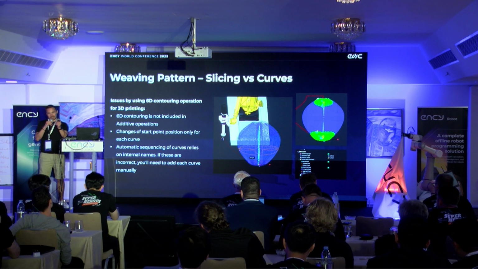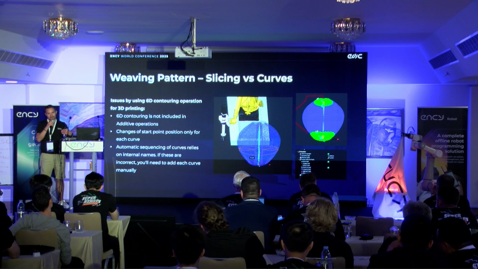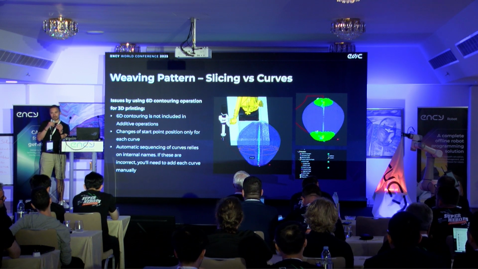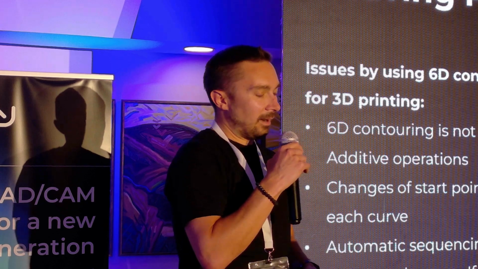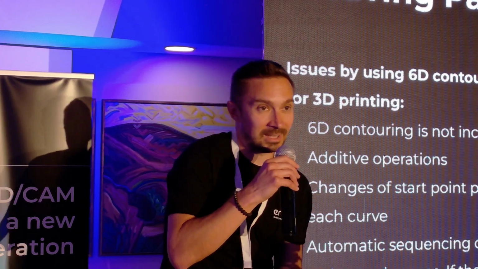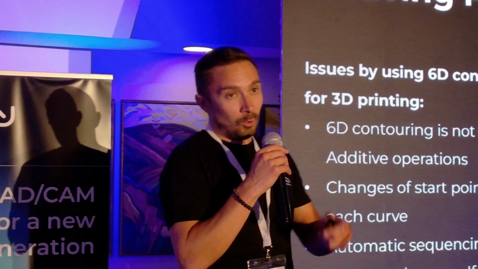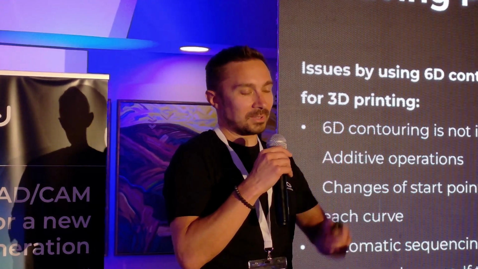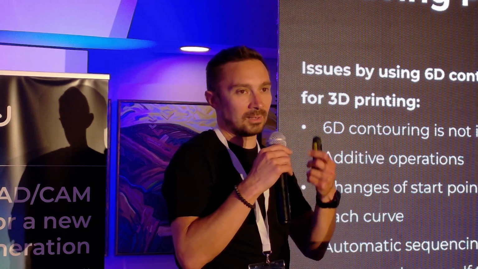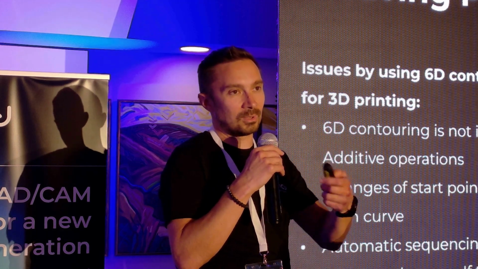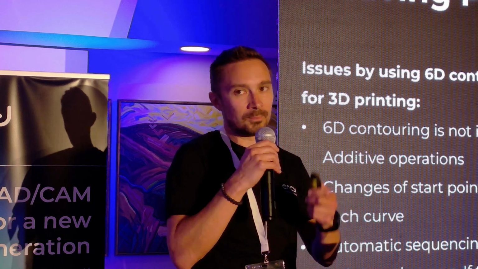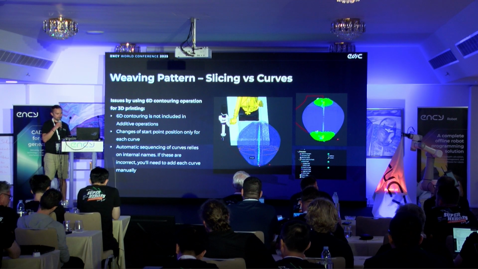For every layer, I change the start point, because I would like the start point to be inside of my structure to be invisible steps. It takes some time, yeah. And I hope developers will introduce some simplified operation, especially for 3D printing, based on curves, not only on surfaces.